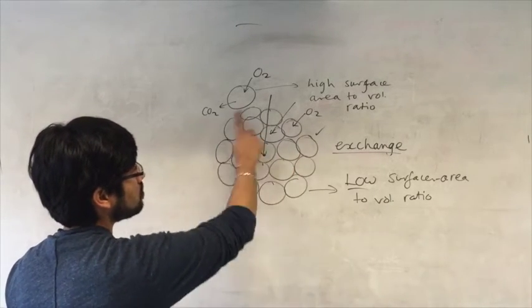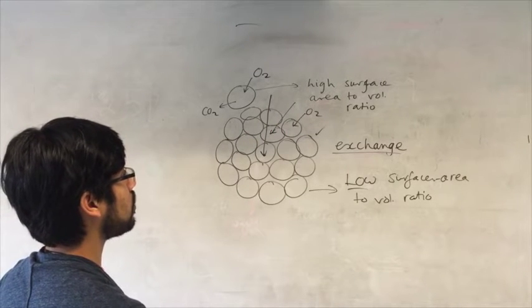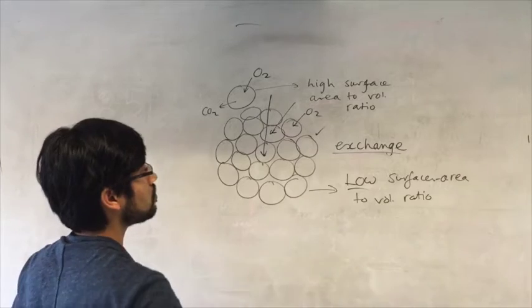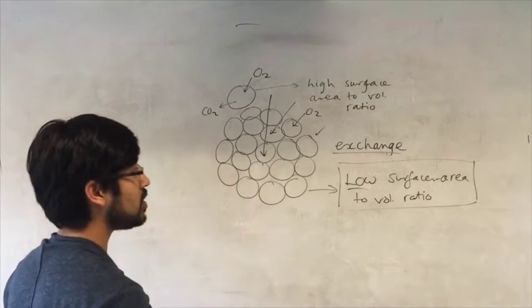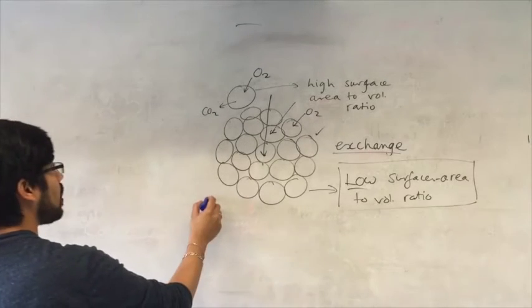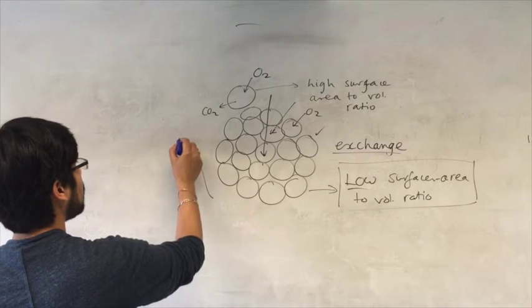Only a few cells here are able to effectively do that with the environment. So organisms that have a low surface area to volume ratio, and we are talking about any larger multicellular organism, will need that.